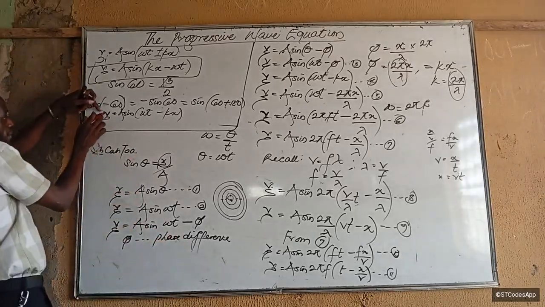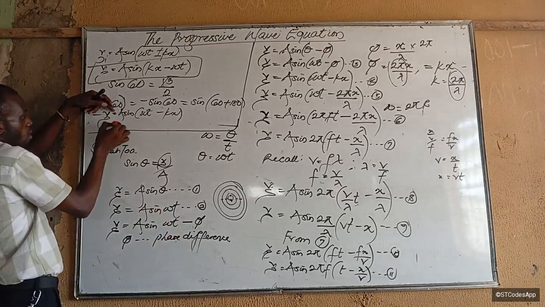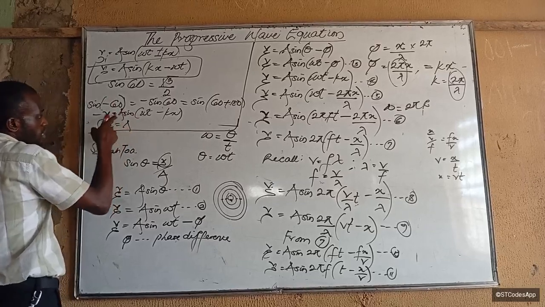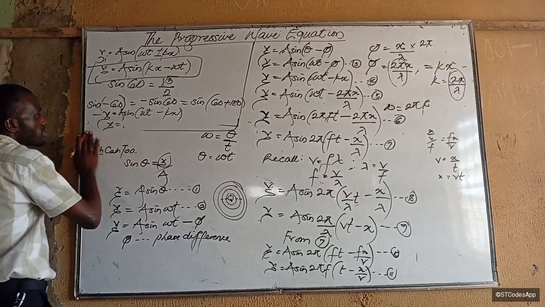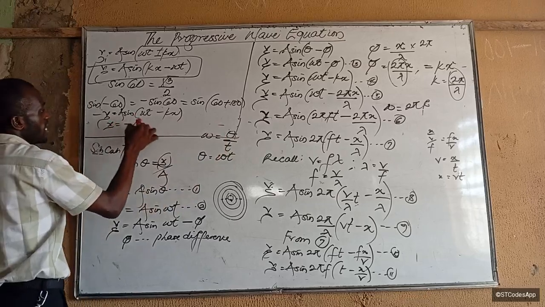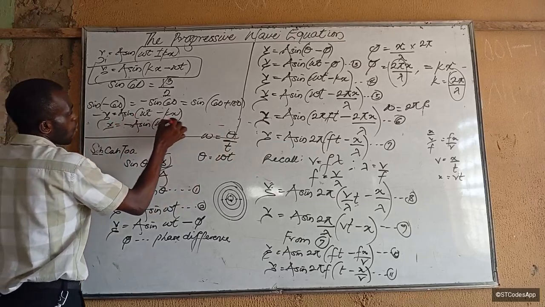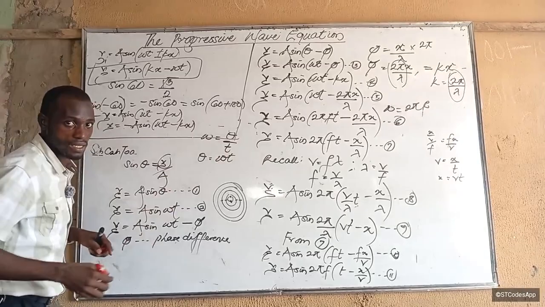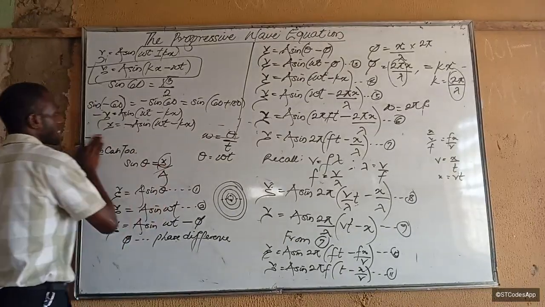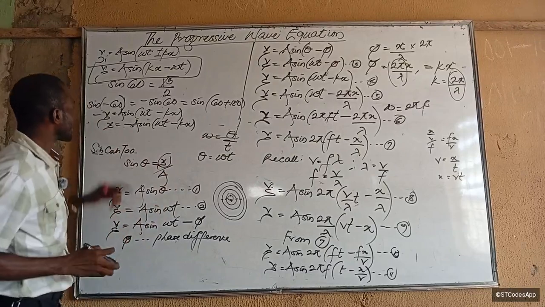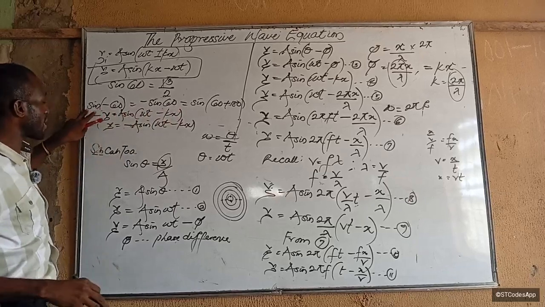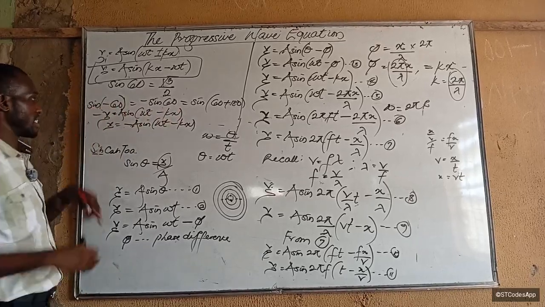Dividing by minus 1, y will be equal to negative A sine of omega t minus kx. And this will be the same as, you remember I said that the negative of sine 60 is the same as the sine of negative 60.